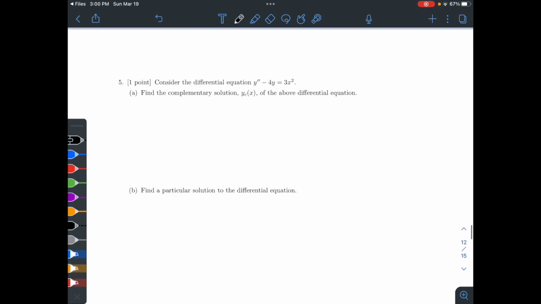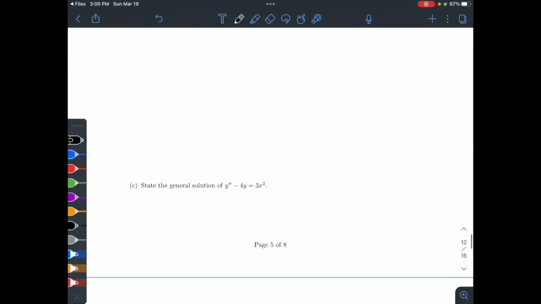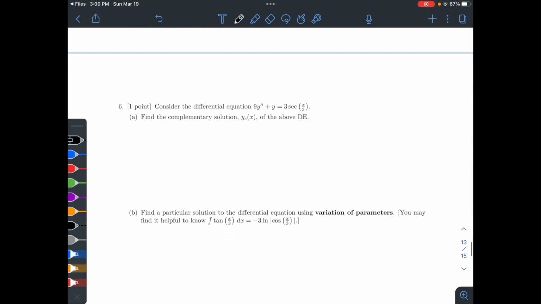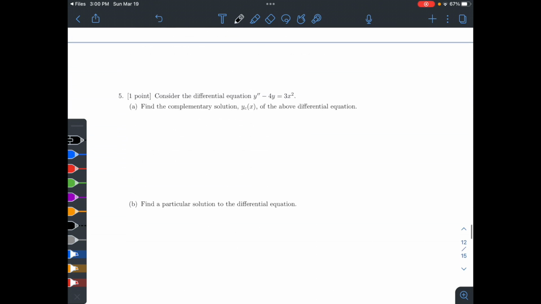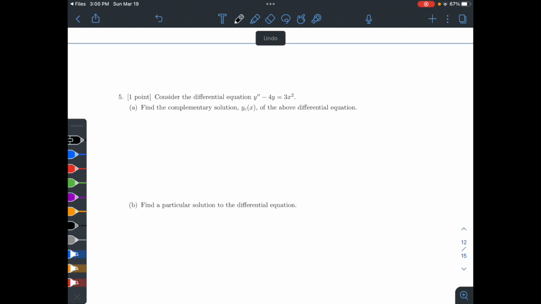Let's see. This one is very similar to what we did above. I'll just skip that one altogether because there's very little difference here from the other thing. The complementary solution. If you have y double prime minus 4y, if we're trying to find the complementary solution, quick little check. Should this be lambda squared minus 4 lambda equals 0, or should it be lambda squared minus 4 equals 0? Which one of those should I solve?